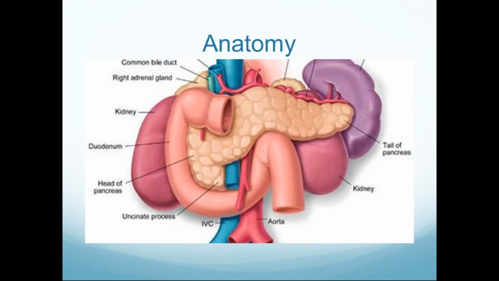This is the pictorial representation: the C loop of the duodenum, the transverse mesocolon anteriorly, the head, neck, body, and tail of the pancreas, and in the retroperitoneal region you can see the IVC and the aorta. Behind the neck of the pancreas, you can see the splenic vein and the superior mesenteric vein conjoin, but in this picture it's not that clear. Then the tail of the pancreas lies near the kidney and the spleen.